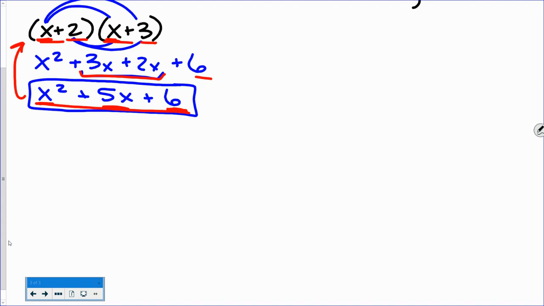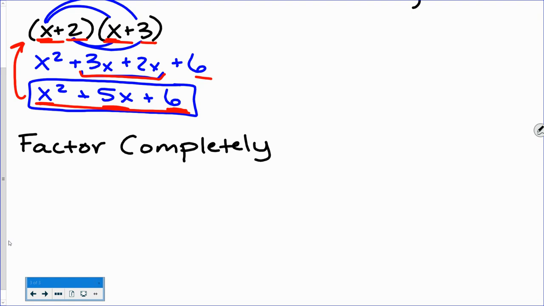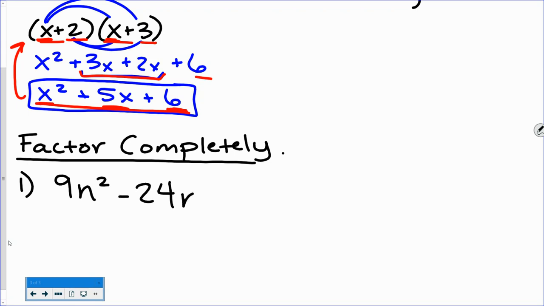And what you'll see often is the term factor completely. So our first example, I've got 9n squared minus 24n.